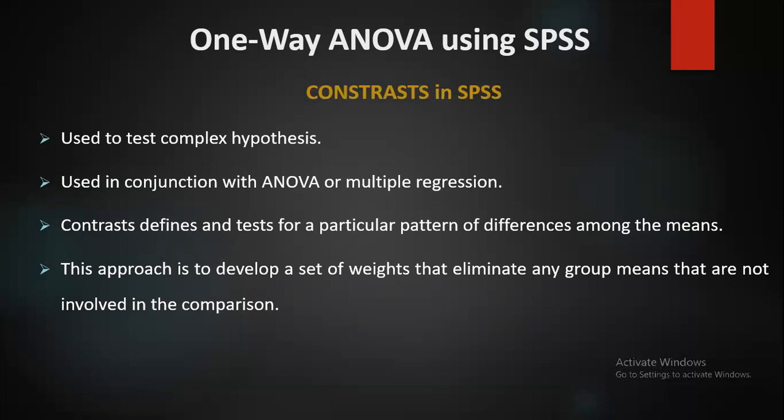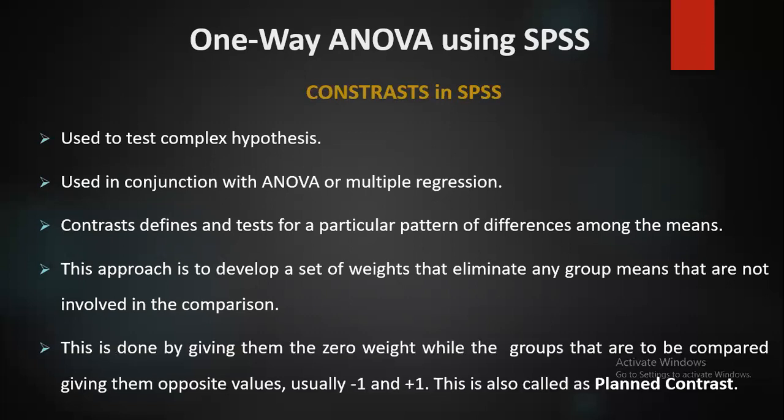Next, the approach is developed to set weights that eliminate any group means that are not involved in the comparison. In our case we are excluding Metro 3, and for the remaining two, Metro 1 and Metro 2, we give weights to compare their means. This is the basic use of contrast in SPSS.